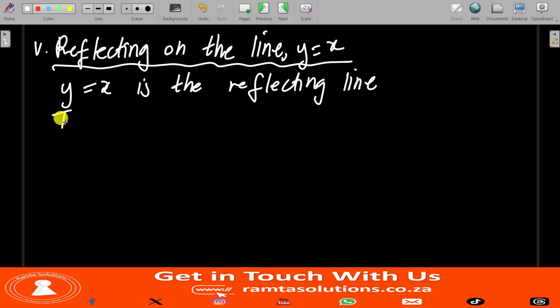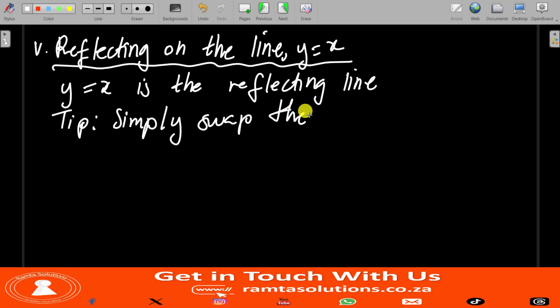A tip for this one: simply swap the values around, because you are solving for x and solving for y. For this one, simply swap the values around.